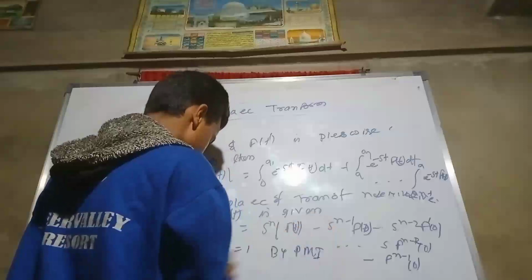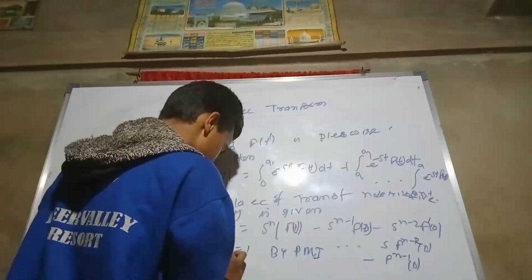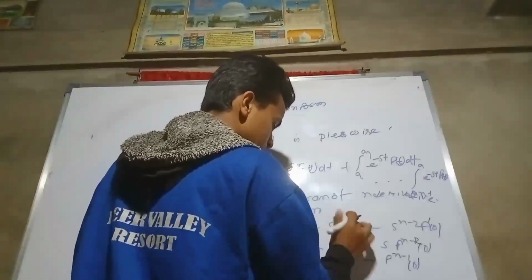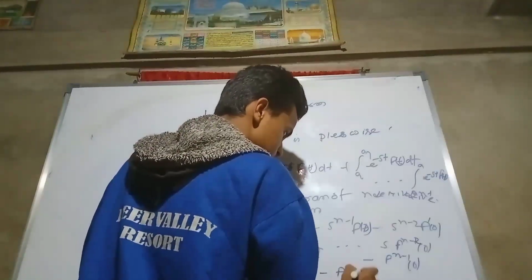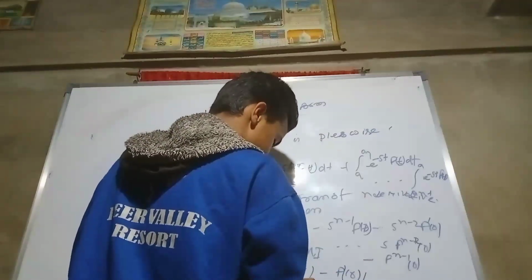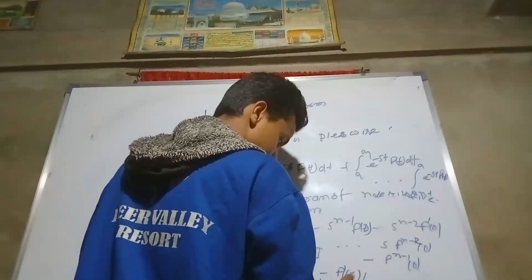Okay, PMI: for n equal to 1, we get the Laplace transform of f'(t) equal to s F(s) minus f(0). Here that will be 0, so that gives us f(0), which is true. It is the derivative of the function f(t) we have seen.